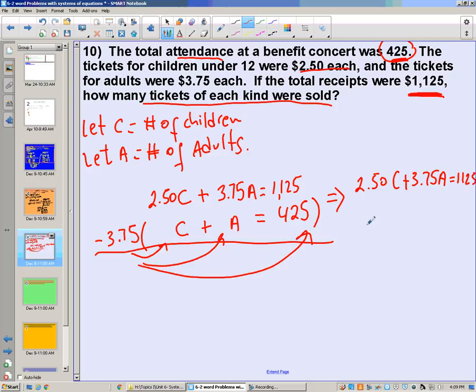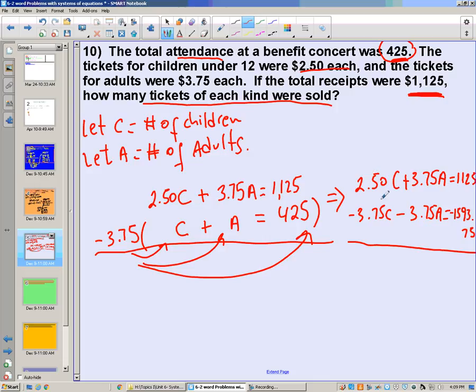So I'm left with negative 375c minus 375a equals negative 1593.75. Sorry, guys, I'm running a little short on room there. Okay, so that's what I'm left with here on the bottom.